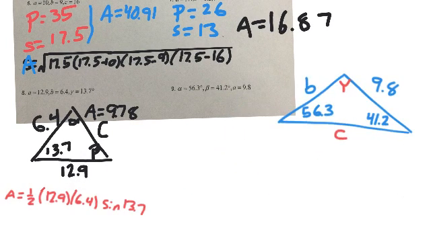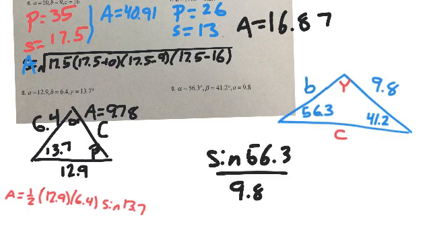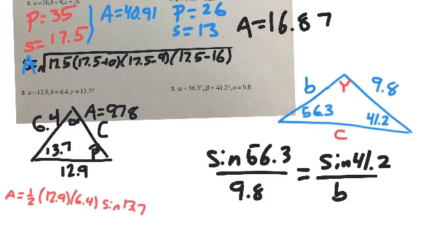So I'm going to first find out what B is. I've got sine of 56.3 over 9.8 has to be equal to sine of 41.2 over B. Now cross multiply and solve that out.